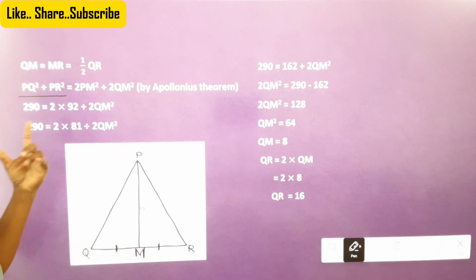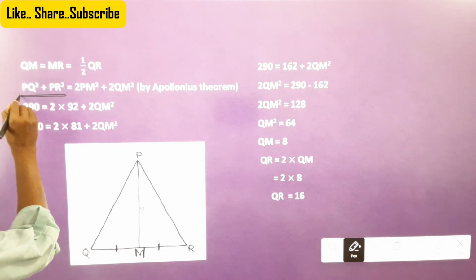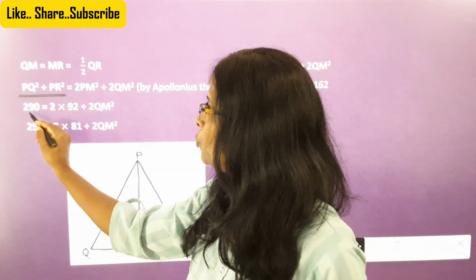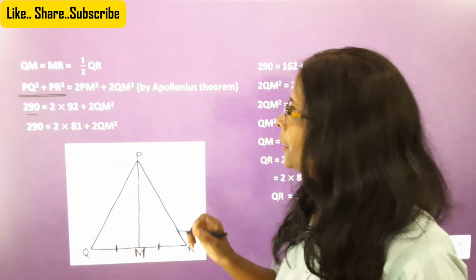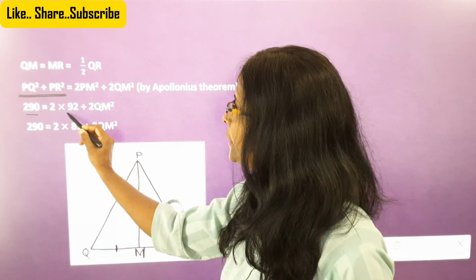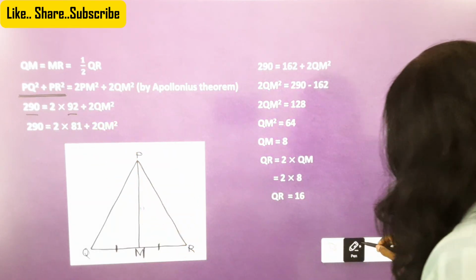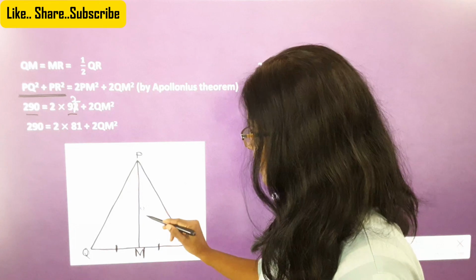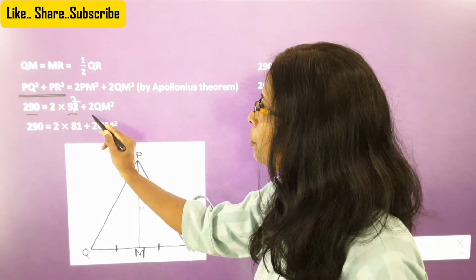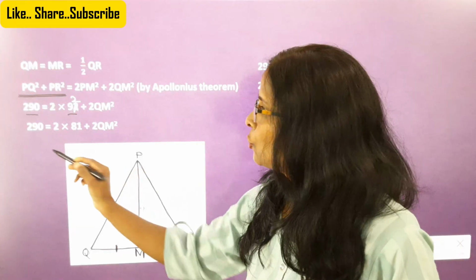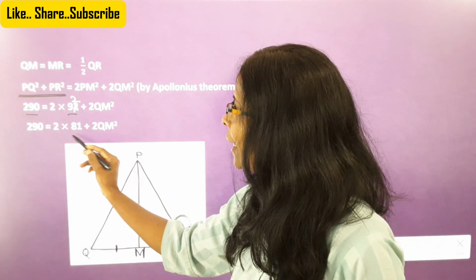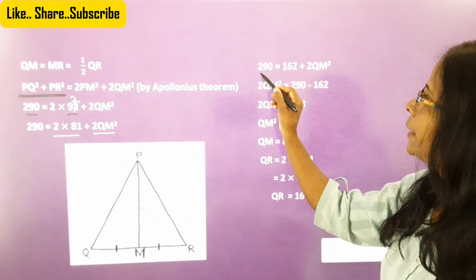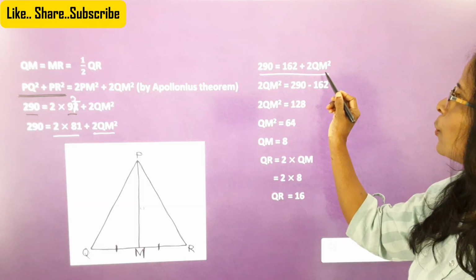PQ square plus PR square is given as 290, so we substitute 290 directly, and 2 multiplied by the square of 9, because PM is 9, plus 2QM square. So 290 is equal to 2 multiplied by 81 plus 2QM square. That means 290 is equal to 162 plus 2QM square.